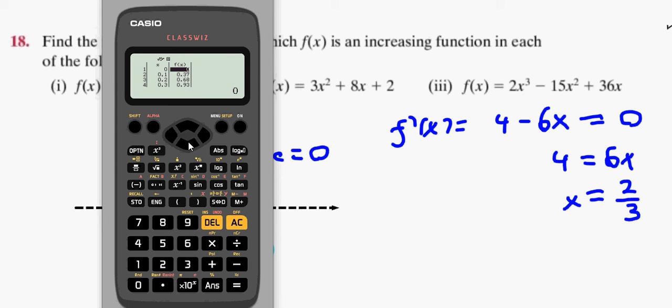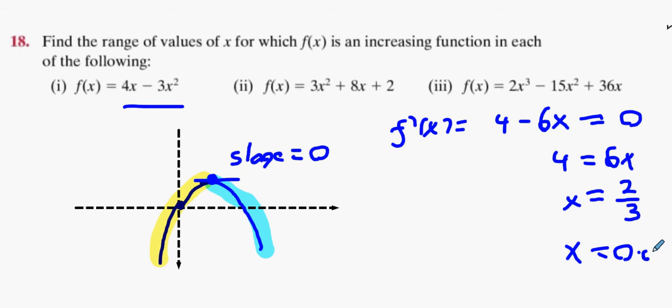When is the y value at its biggest? Keep going. 0.6, it's pretty big, isn't it? And then 0.7, it's 0.33. And then it goes back down again, doesn't it? So we know that the maximum value is at this point 0.67. If you get what I'm saying.